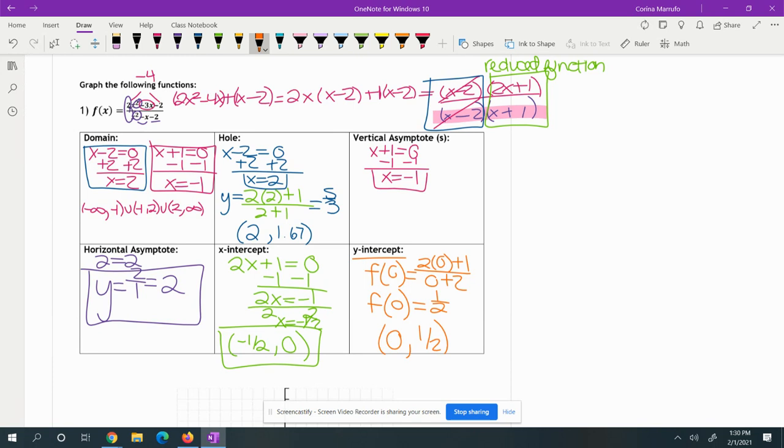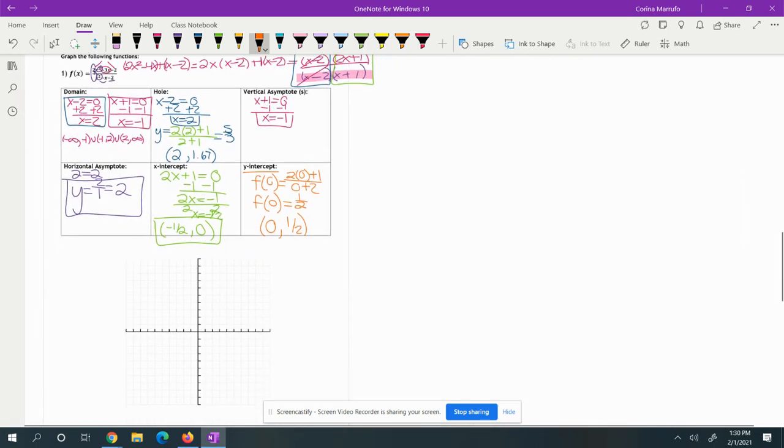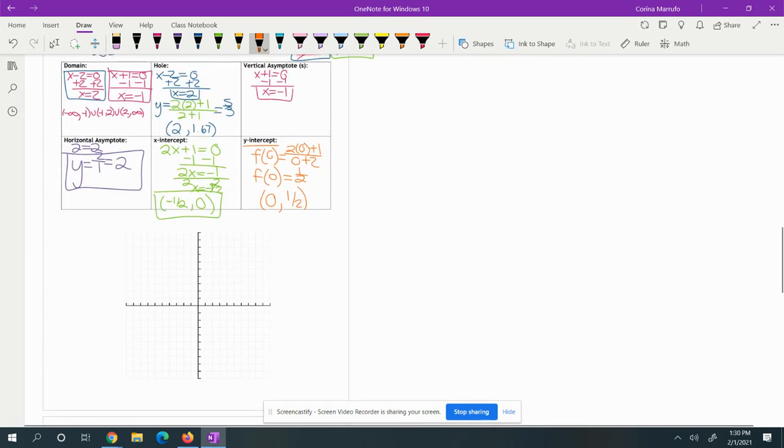All right, so now we're ready to graph our function. So on here, we have our hole. I'm going to put a hole at 2, 1.67. So 1, 2, and 1.67 would be about right here. Okay, I'm going to make an open circle. That came out a little too big. It was a little exaggerated, but that's where it would be.